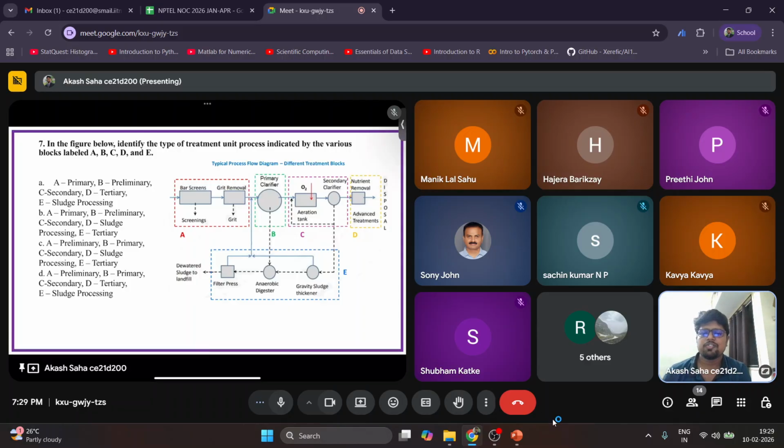Then we have gravity sludge thickener, anaerobic digester, and filter press. All these are for the sludge streams. We can see that from the primary clarifier and secondary clarifier, two streams are coming, which are basically sludge, the black dotted line. So this is a sludge processing unit. So E represents a sludge processing unit, and the correct answer is option D.